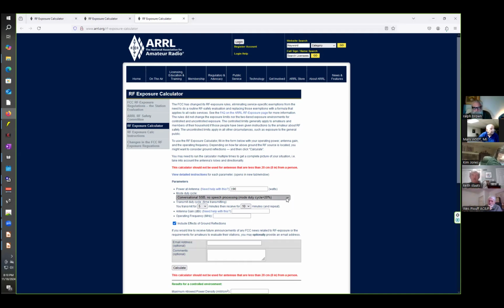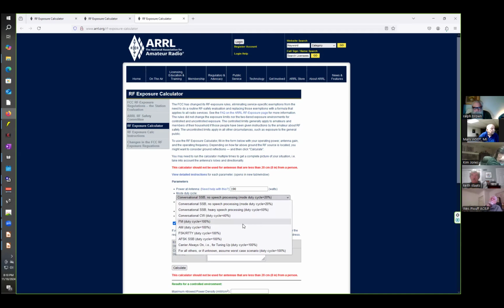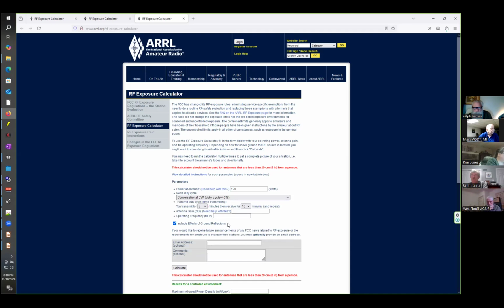And let's say I'm running conversational CW, transmitting for 5 minutes and receiving for 10 minutes. And for antenna gain, it's a dipole. I'm running a Carolina Windom dipole, so figure a dBi of 2.15.